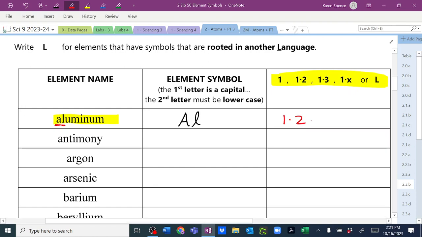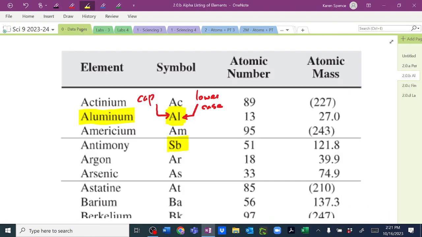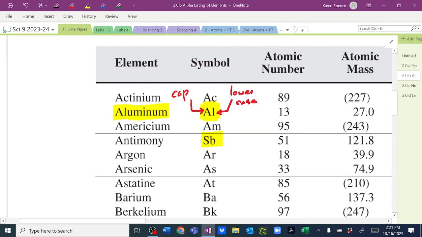Let's go look up the second one now. Let's look up antimony. Whoa, what the heck is up with antimony? Antimony contains letters A-N-T-I-M-O-N-Y, and its abbreviation is Sb. That has nothing to do with the word antimony. How can that be?